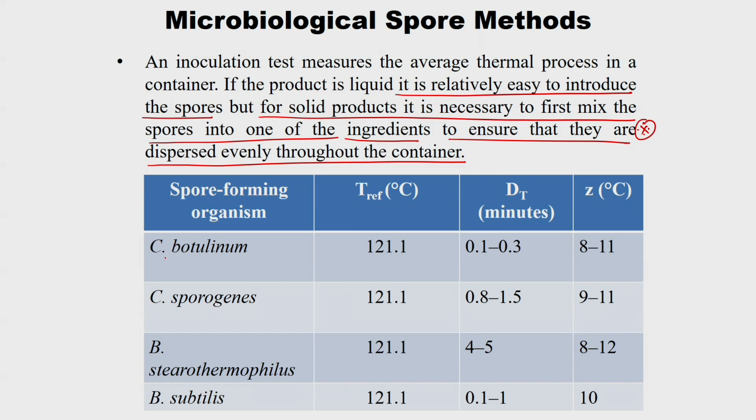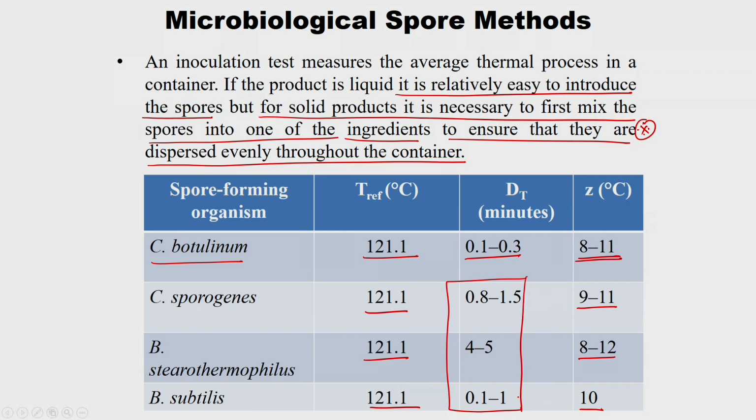For the spore forming organism C. botulinum, the reference temperature is 121.1 and the D value is 0.1 to 0.3 and the Z value is 8 to 11. If you see C. sporogenes as well as Bacillus species and Bacillus subtilis, all have the same reference temperature and their Z value is almost within the range, but they have higher D values.